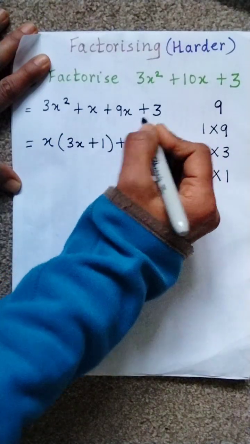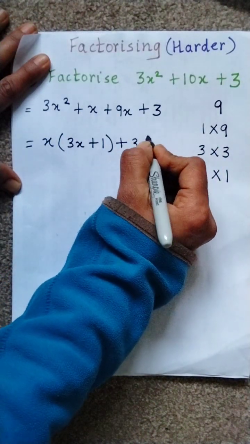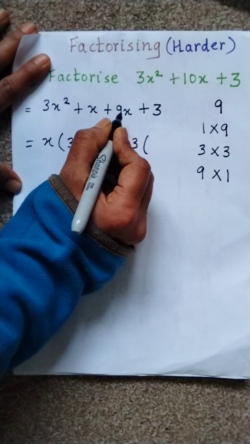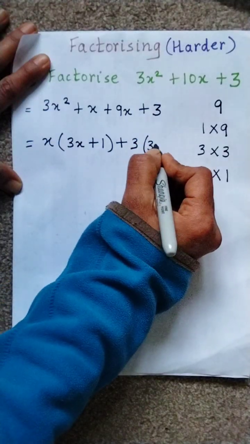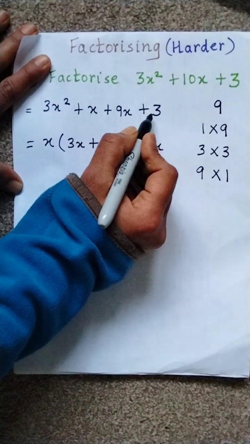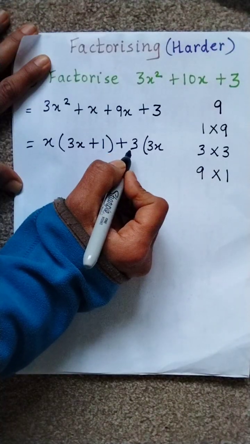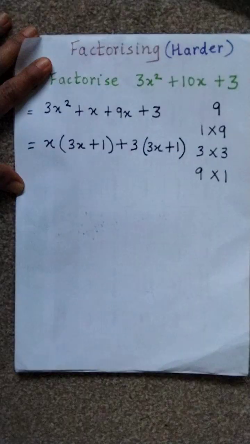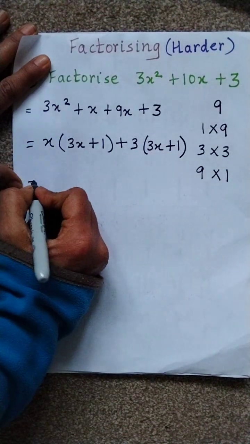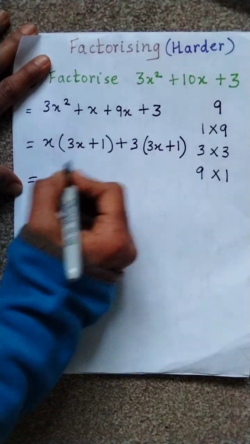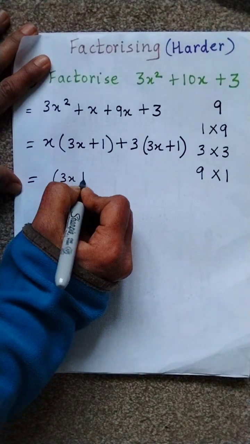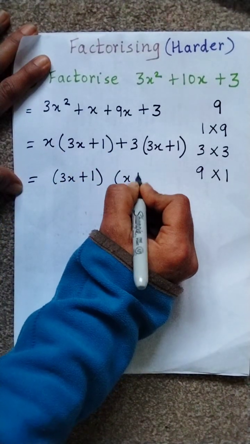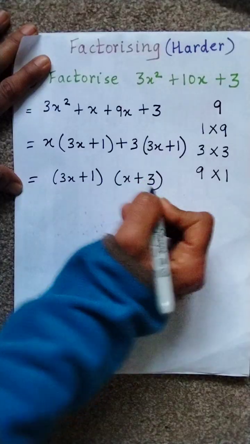So we take 3 outside, and what remains is x plus 1... 3x plus 1 remains. Oh, so it is equal to 3x plus 1 times x plus 3. This is the required answer.